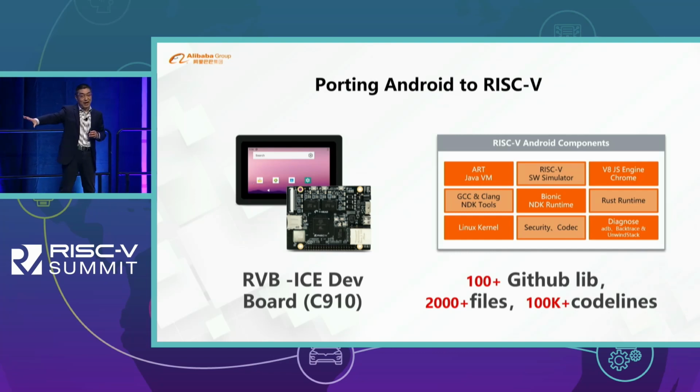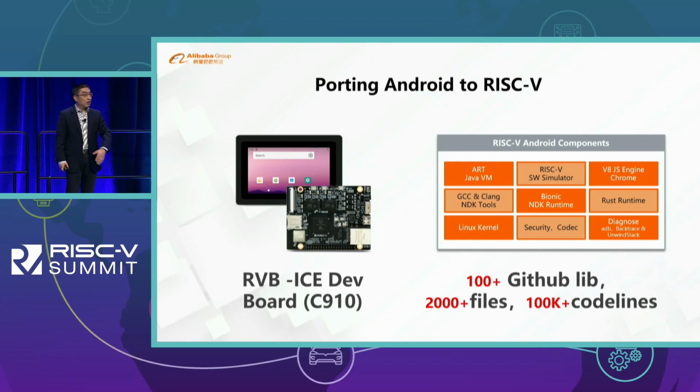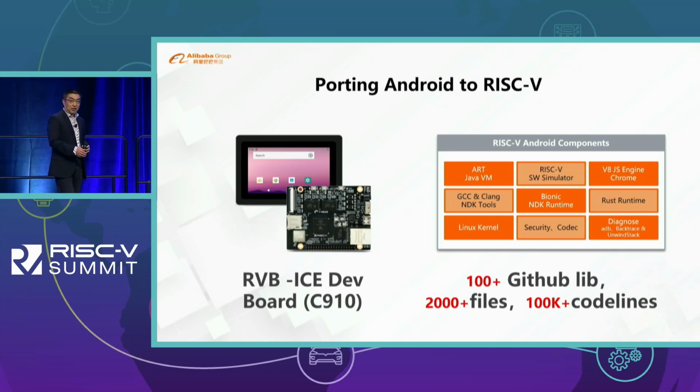On the right-hand side is mostly the Android components. We work with RISC-V International and also Google to move this much faster. Till today, we have contributed more than 100 GitHub libraries, 2,000-plus files, and more than 100K lines of code.